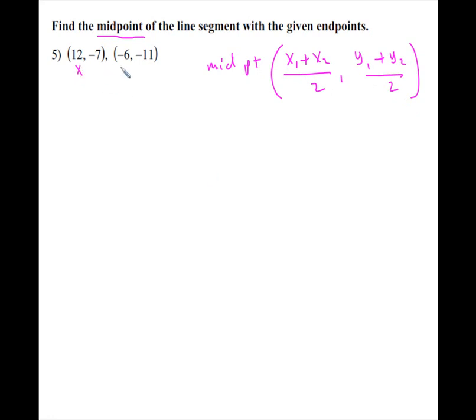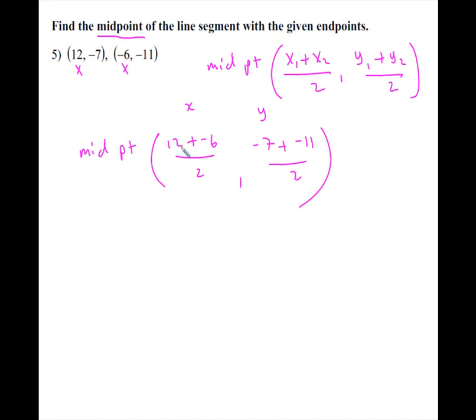So the x's here, I'm just going to add them up and divide by 2. 12 plus -6 divided by 2 will give me the x value of the midpoint. Then for the y value of the midpoint, I take the y's, -7 plus -11, and divide that by 2.